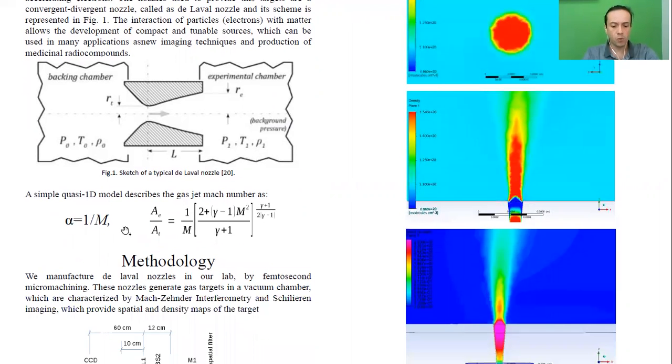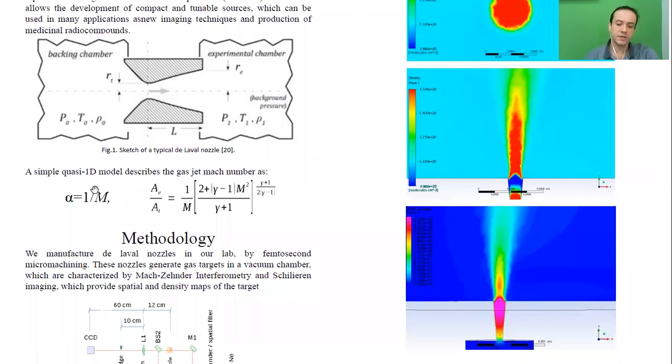A simple quasi-1D model can estimate the gas jet Mach number based only on the radius of the exit, the throat area, and the type of gas.